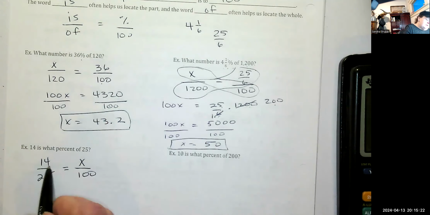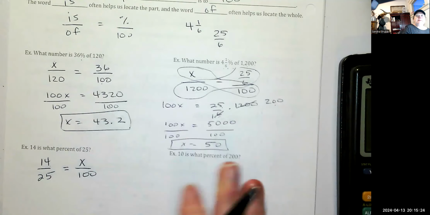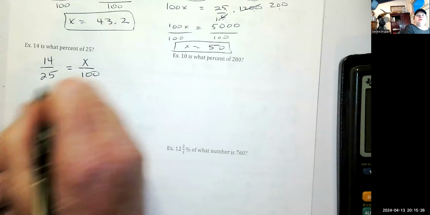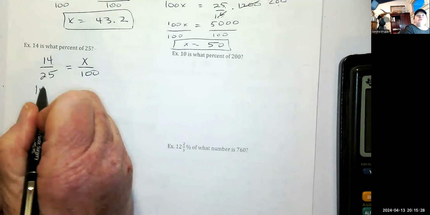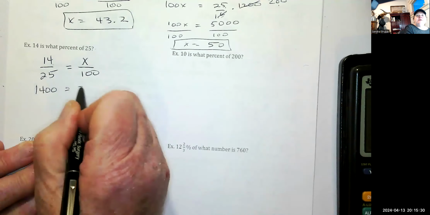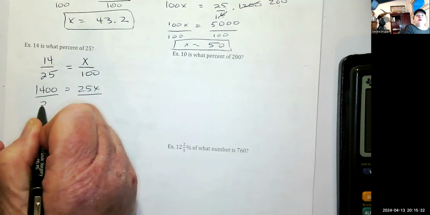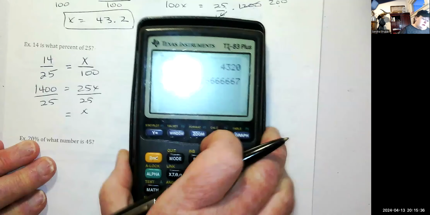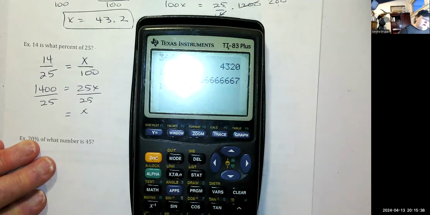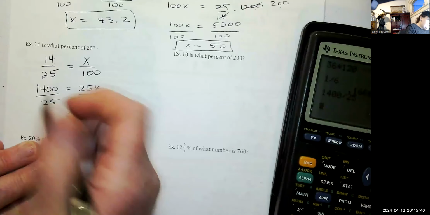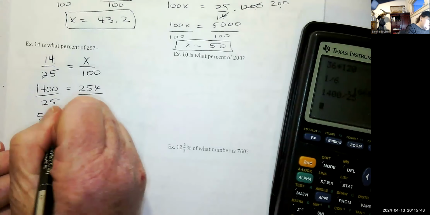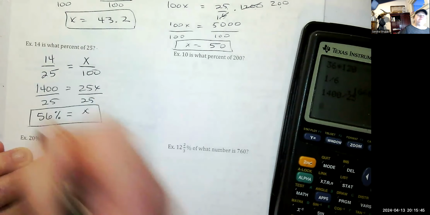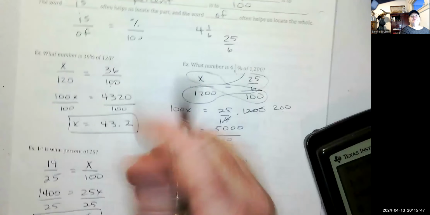All right, cross multiply. 14 times 100 is 1400. 25x, divide both sides by 25. And x is equal to 1400 divided by 25 is 56. And that is the percent, because the x is representing where the percent is.